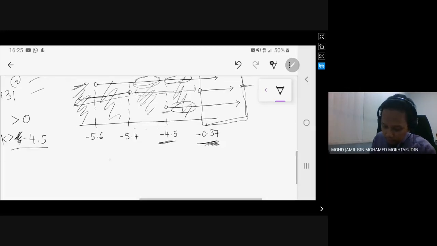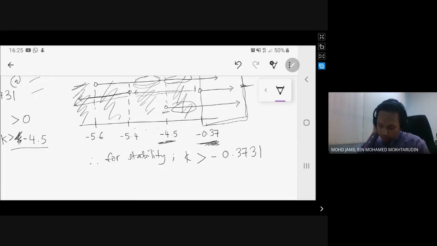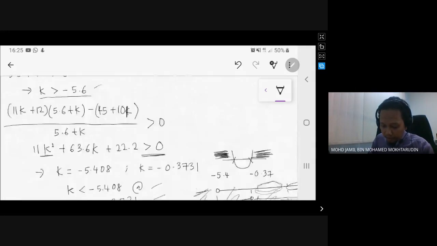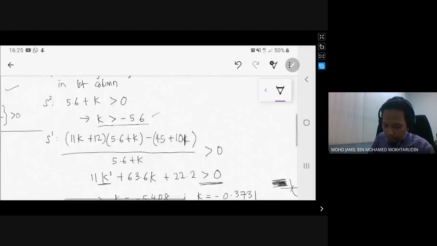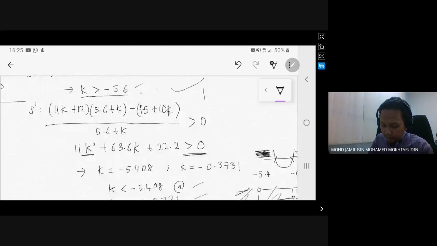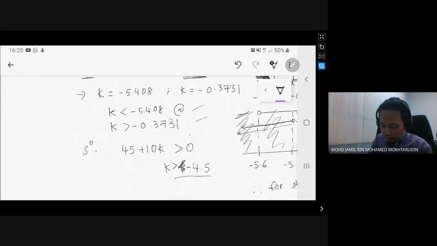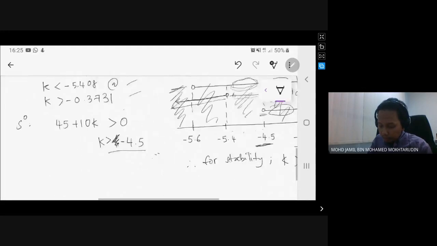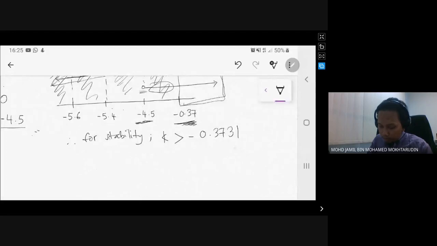Therefore, for stability, k must be bigger than minus 0.3731. Okay, so here you get 1 mark if you get the right value for k, meaning that you get this correct, and this one correct, and 1 more mark for getting the right final answer.